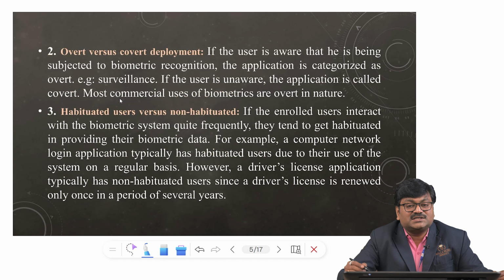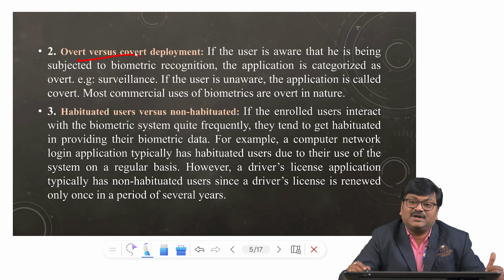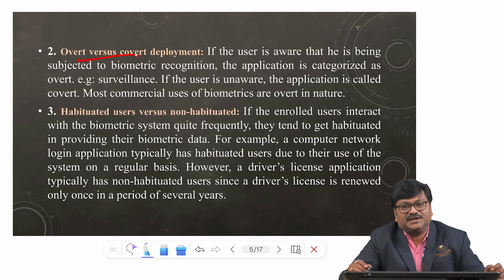The next nature comes under overt versus covert deployment. Overt versus covert is similar to cooperative and non-cooperative itself, but with human perceptibility. If the user is aware that a particular biometric system is present, then we'll consider it as overt.